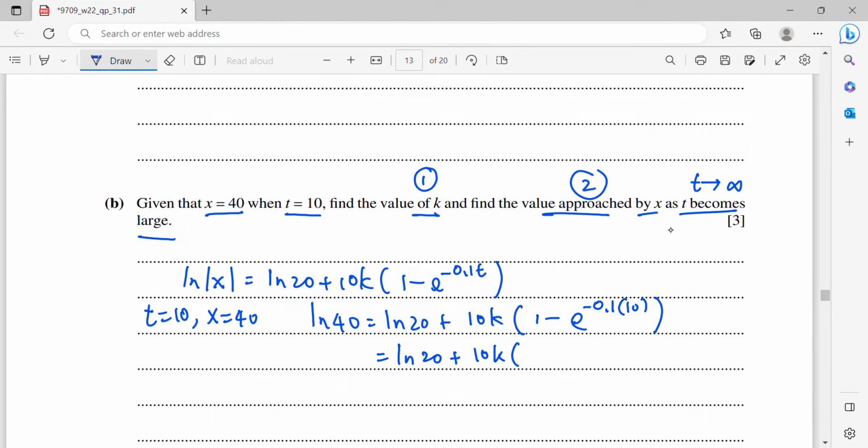So 0.1 times 10 is basically negative 1. Okay, so 1 minus e power negative 1. This is ln 40. Now to get the k, move the ln 20 to the other side and divide by 10 of this bracket.